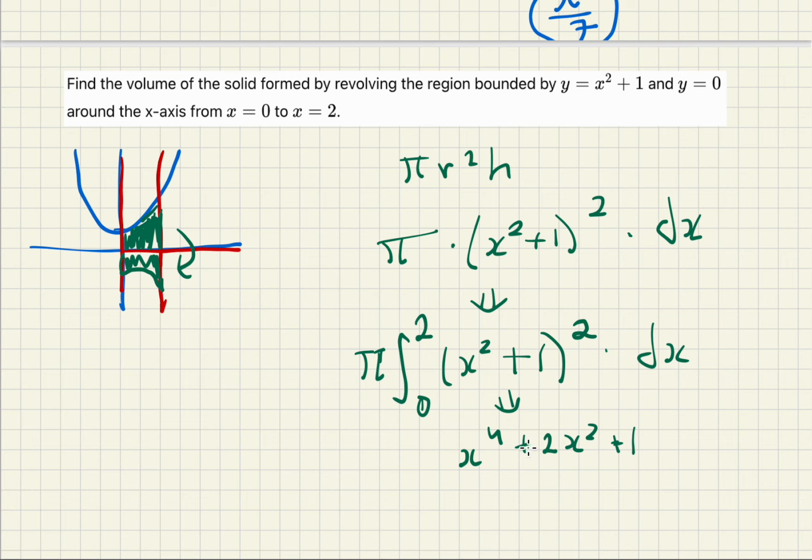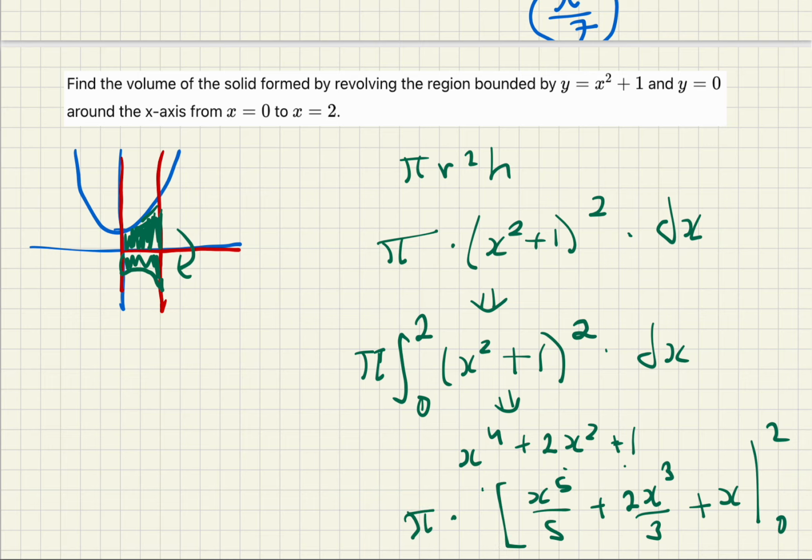Since it's like this, we can use the power rule for each of these terms, and you get x to the power of 5 over 5 plus 2 times x to the power of 3 over 3 plus x, evaluated from 0 to 2, and then pi is out here.